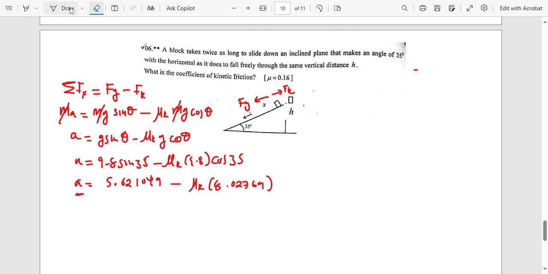We have got v is equal to u plus at, and then we have got 2as is equal to v squared minus u squared, and then we also have s is equal to ut plus half at squared. So we want an equation that has got time in it and acceleration.